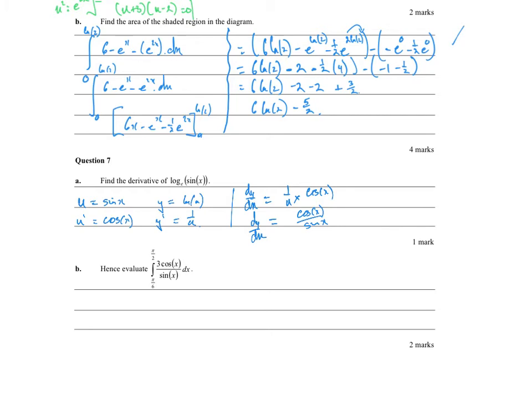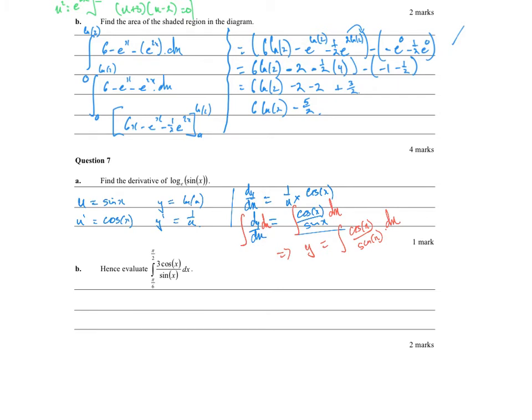Okay, hence evaluate. So again, here's our little cos x on sine x that we don't have a rule for, but it's in the derivative. So if I take an antiderivative of all sides, that will leave me with the integral of dy dx dx, which is y, equal to the antiderivative of cos x on sine x dx.